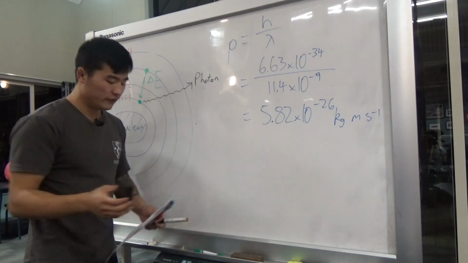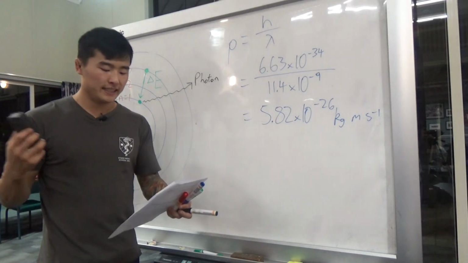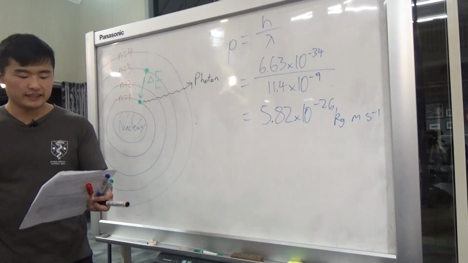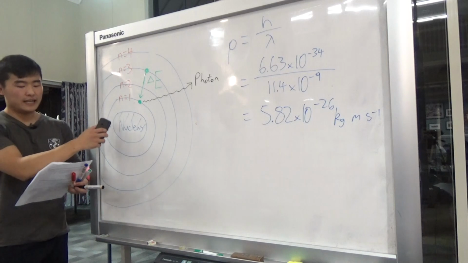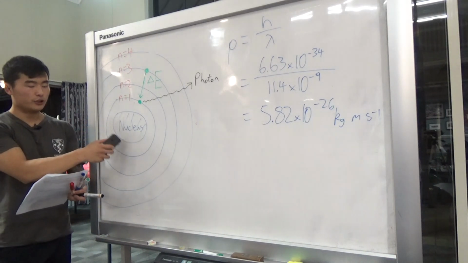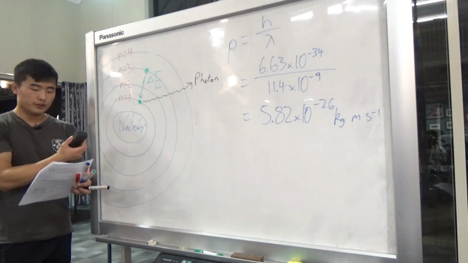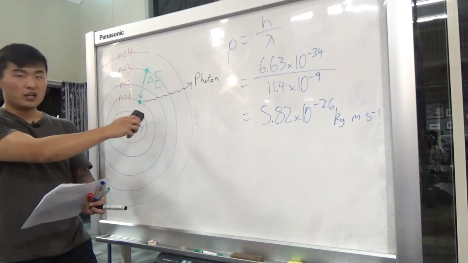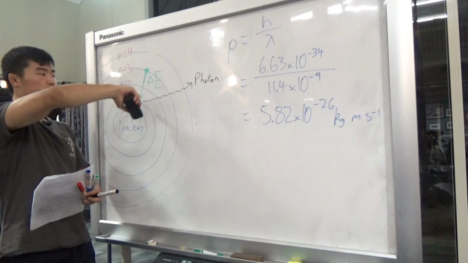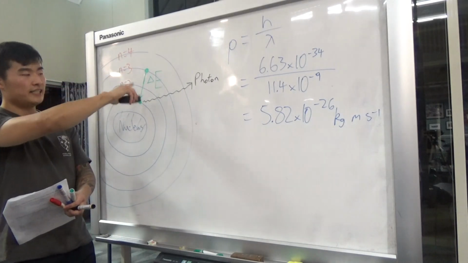Number 5, we want to find out the magnitude of the difference in energy of the 2 atomic energy levels. So remember, we don't know the number of protons in this nucleus. So we need to use the energy of the photon. Remember that the energy of the photon will be equal to the change in energy.